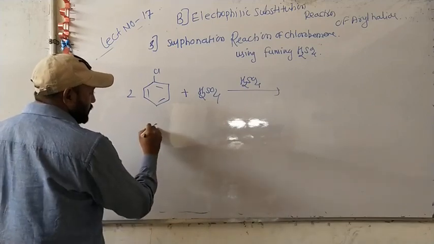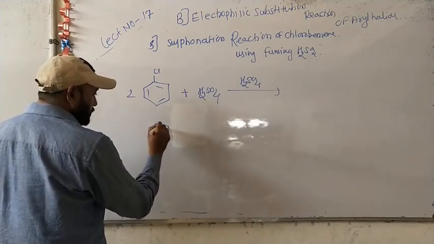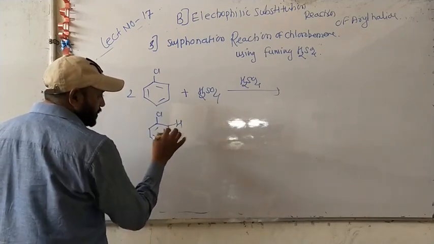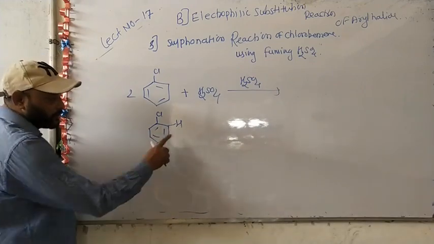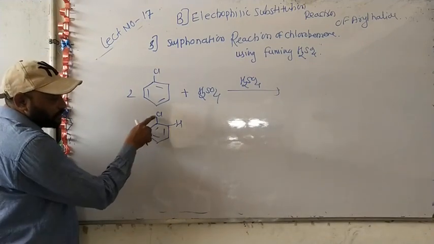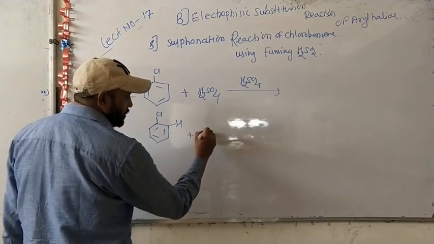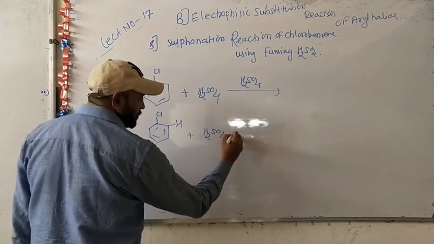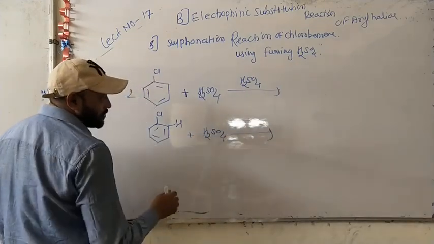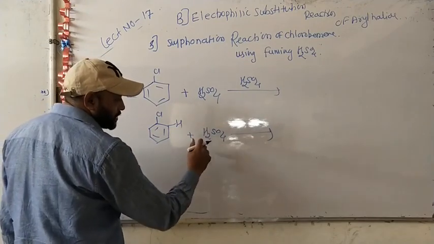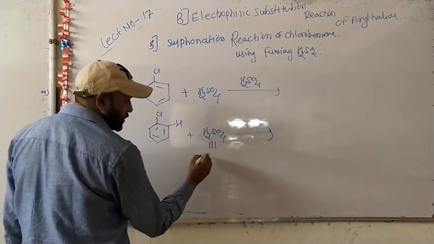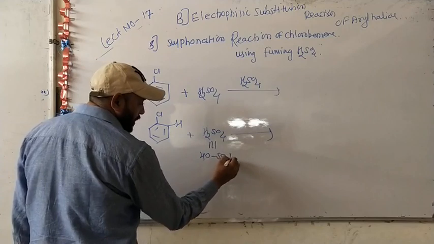First chlorobenzene. Then we carry out the substitution reaction at the ortho position, the ortho position to the chlorine, in the presence of H2SO4. How would you write the H2SO4? This is OH, SO3H.